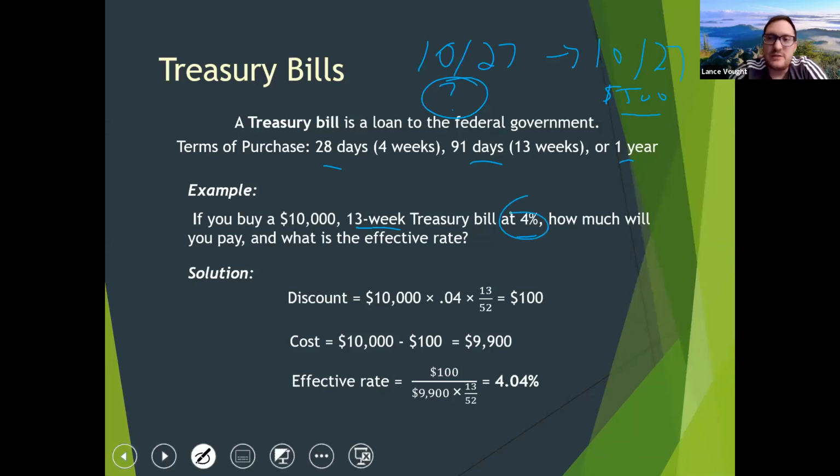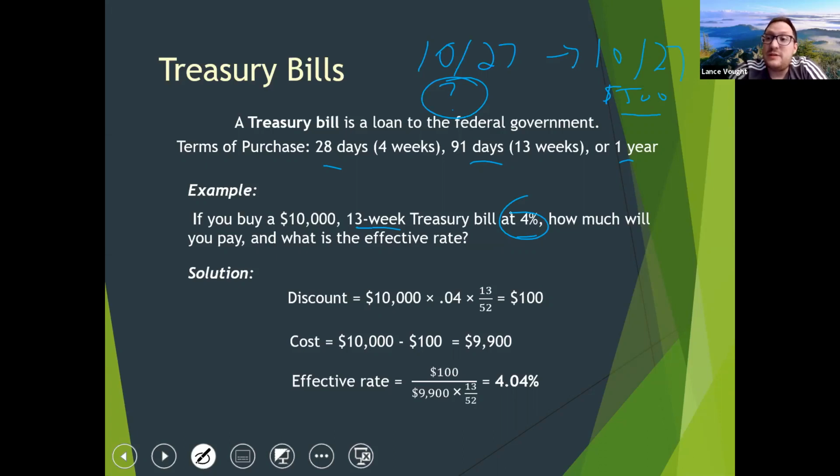Well, it's the same old calculation. It's just that it's from the perspective of you buying the asset instead of you getting lent the asset. So the federal government is acting like you in the regard where they're saying, well, okay, 13 weeks from now, we'll give you the full maturity value.